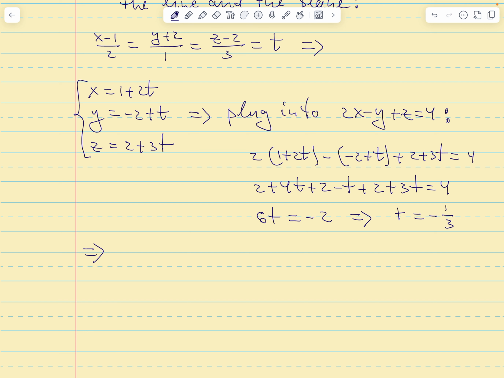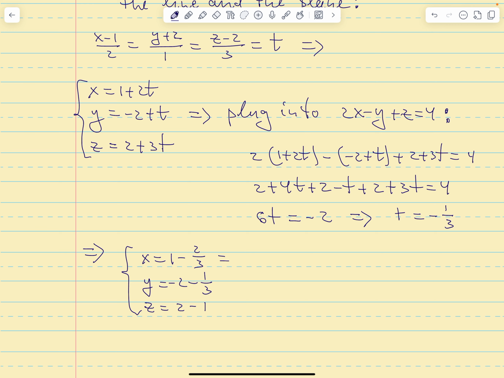And so we're going to get that x is 1 minus 2/3, y is minus 2 plus minus 1/3, and z is 2 plus 3 times minus 1/3, minus 1.